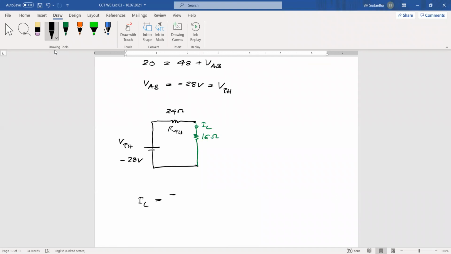Okay, then IL equals minus 28 volts divided by 24 ohms plus 16 ohms. Then minus 28 divided by 40 amperes.